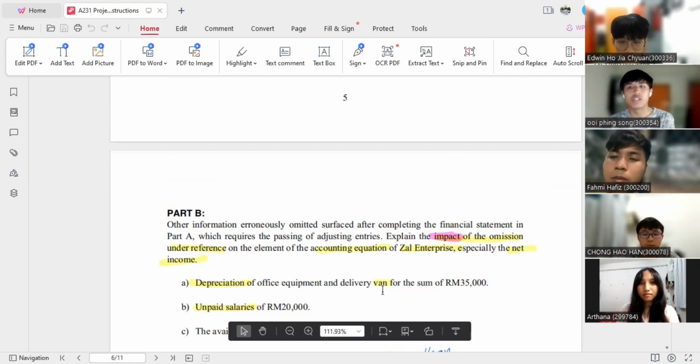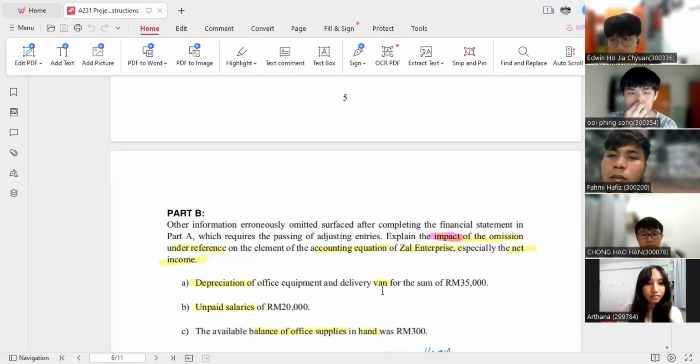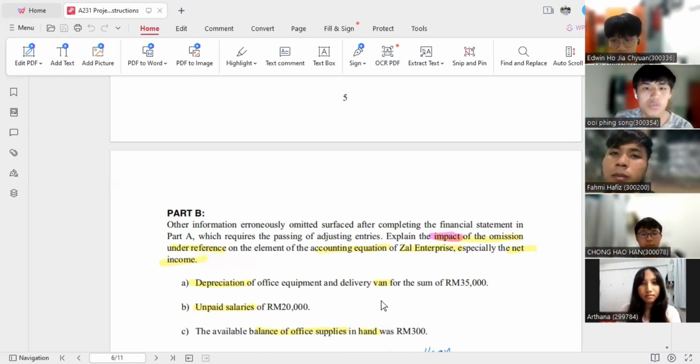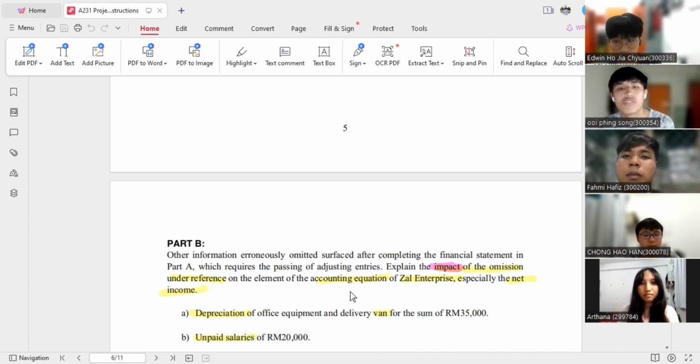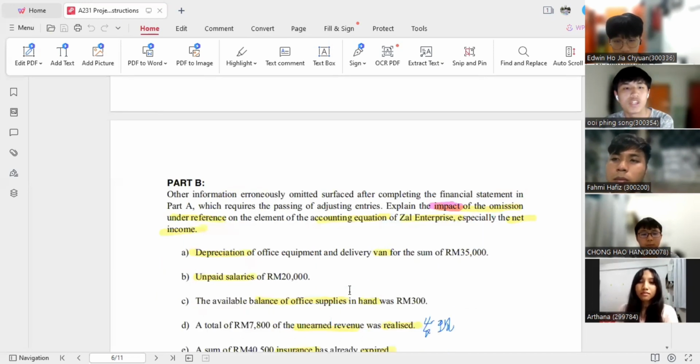After we complete part A, preparing the financial statements, we will explain the impact of the omission under reference on the elements of the accounting equation of the enterprise, especially the net income.